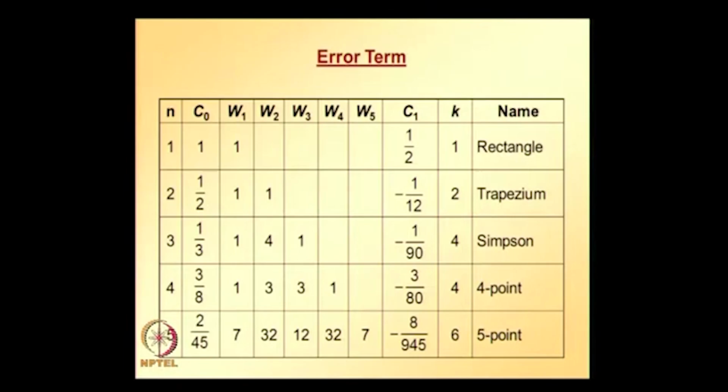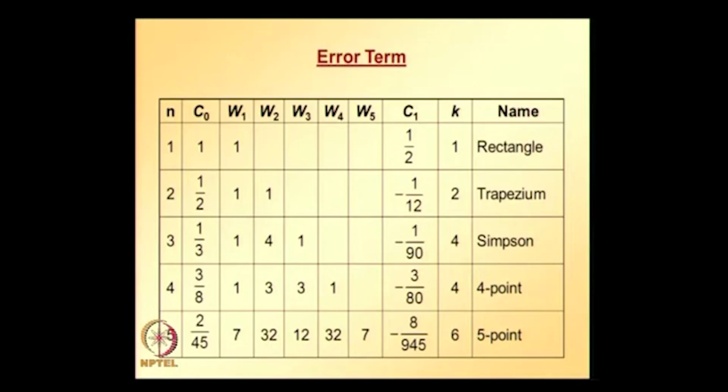So if one wants to select n equal to 5, they can easily go through this table and find what C naught and the corresponding W's are, and also C1 gives you an idea about the dominant error term. So this is about Newton Cotes rules, that is rectangle rule, trapezium rule, Simpson's rule.